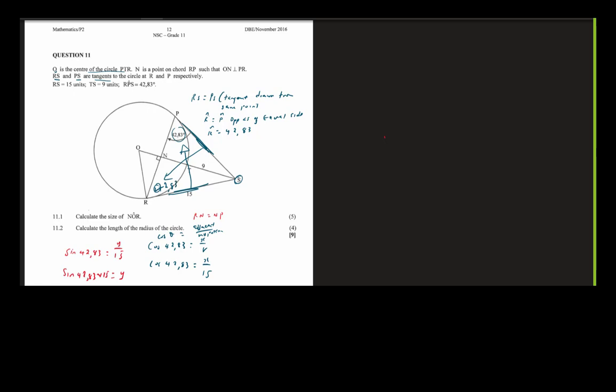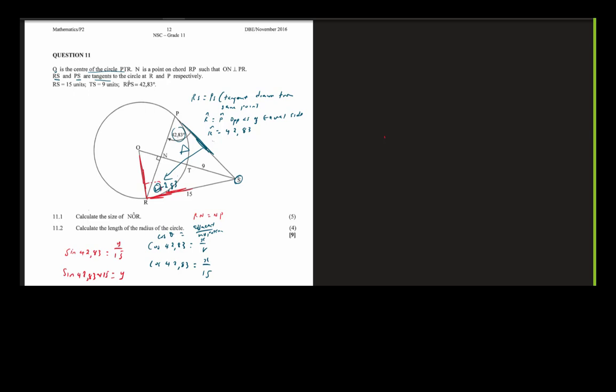Now we also had to figure out that tangent. You see, all the theorems that you are learning, in the exam room you have to use them. This is the tangent. This is the radius. So the whole angle here should be 90.